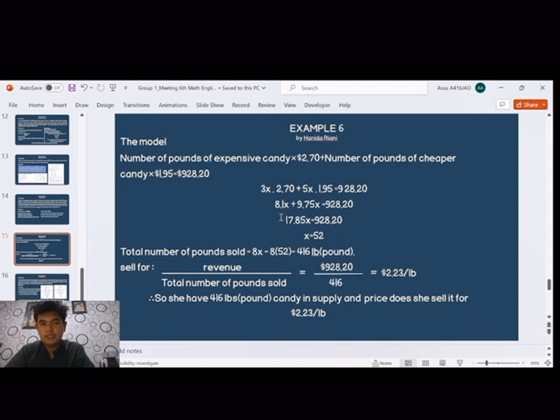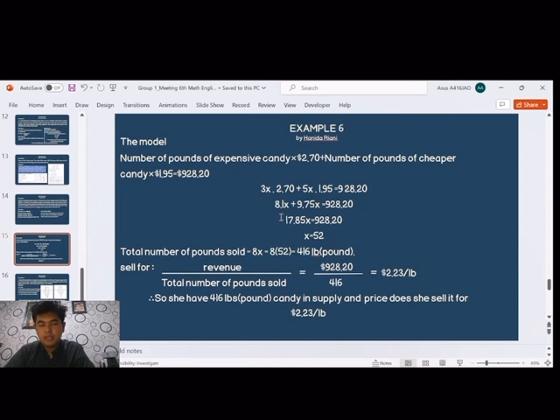Okay, so 3x times 2.70 plus 5x times 1.95 equals 928.20.